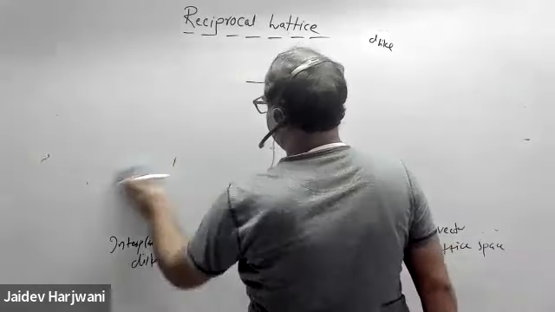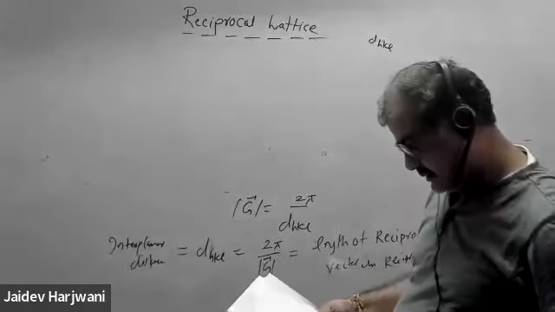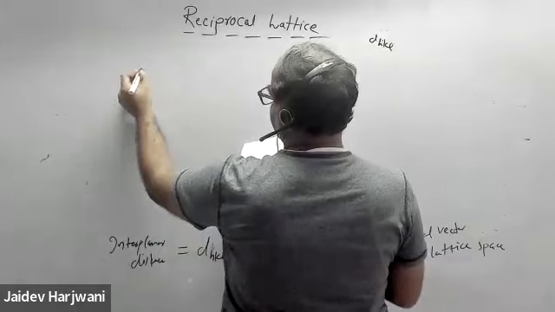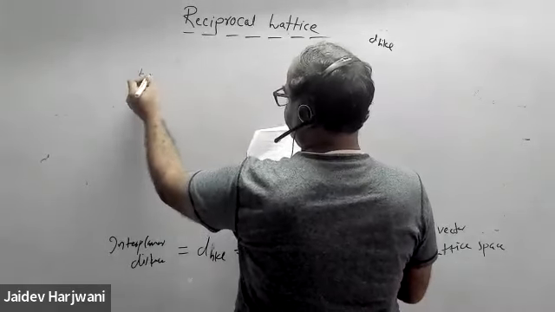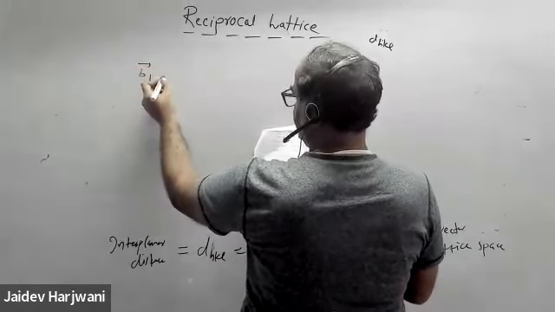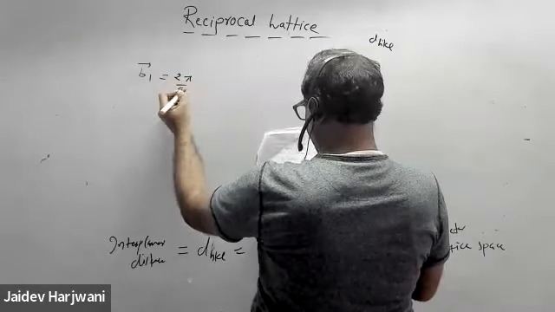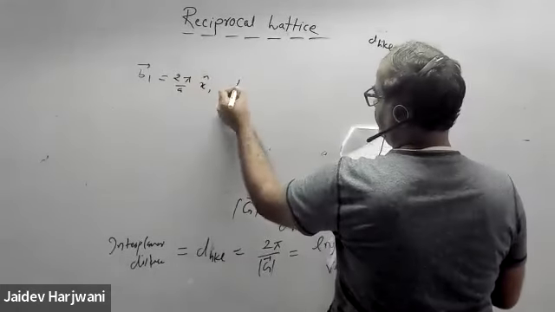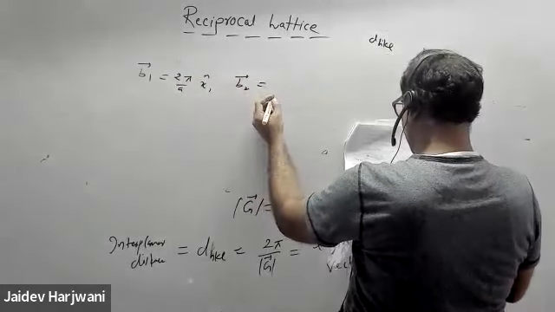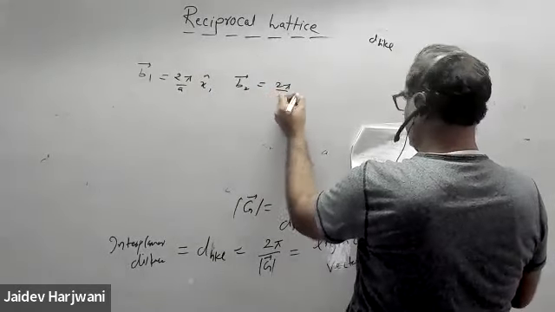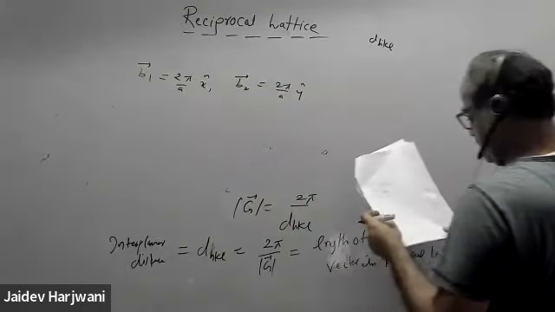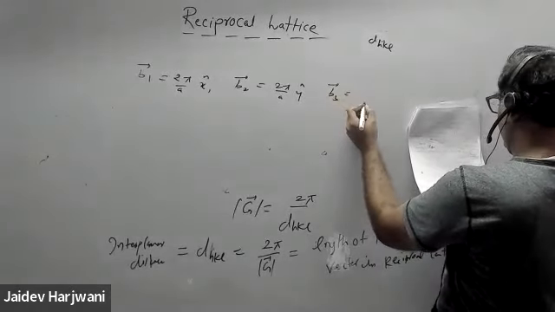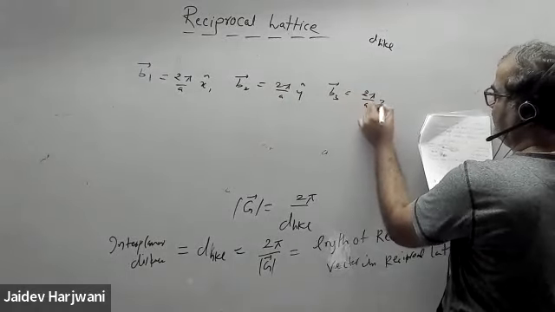So let us solve one problem. We have been given the reciprocal lattice vectors: b1 equal to 2 pi by a x cap, b2 equal to 2 pi by a y cap, and b3 equal to 2 pi by a z cap.